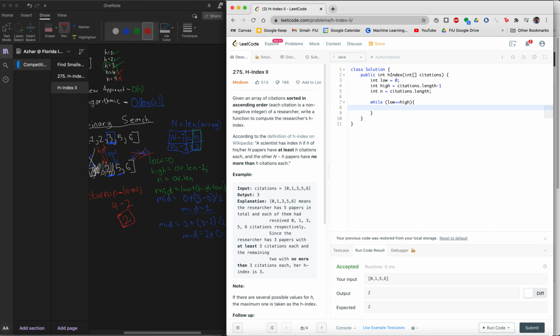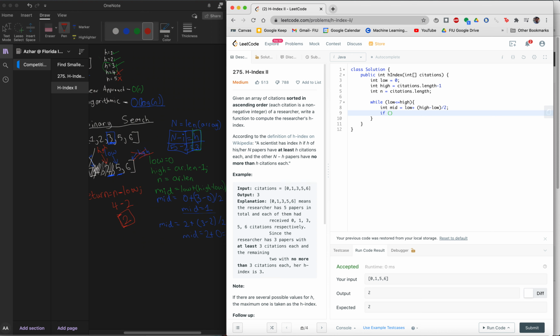So let's go ahead and see. Now we have to make our int mid, which is low plus... also I'm doing this in Java, so this is a Java implementation, although what I wrote could be done using Python or any language you're using. We're going to first check if the indices are going to be equal.